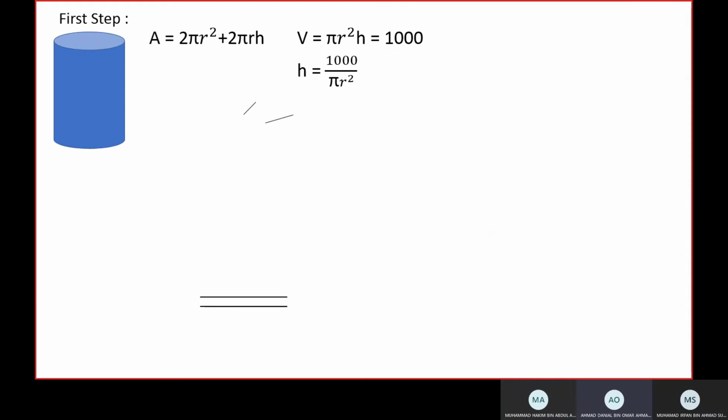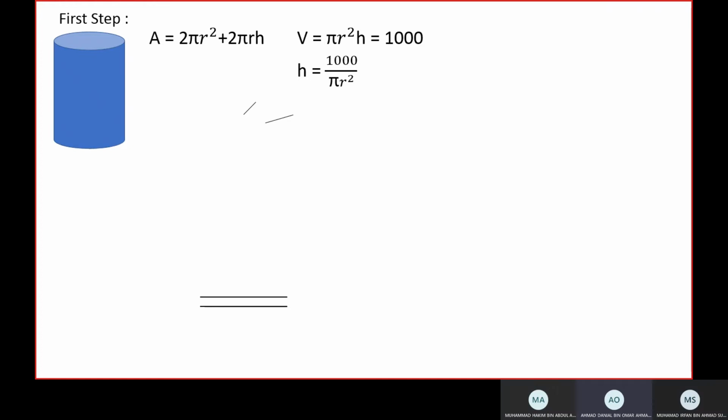From the problem, we have the formula, which is surface area A equals 2 pi r squared plus 2 pi r h. A is the surface area, and then the 1000 cubic centimeters is the volume, and the formula for it is pi r squared h.